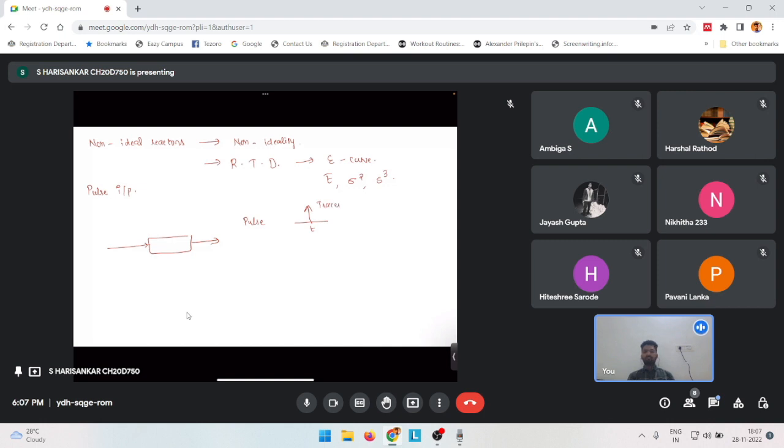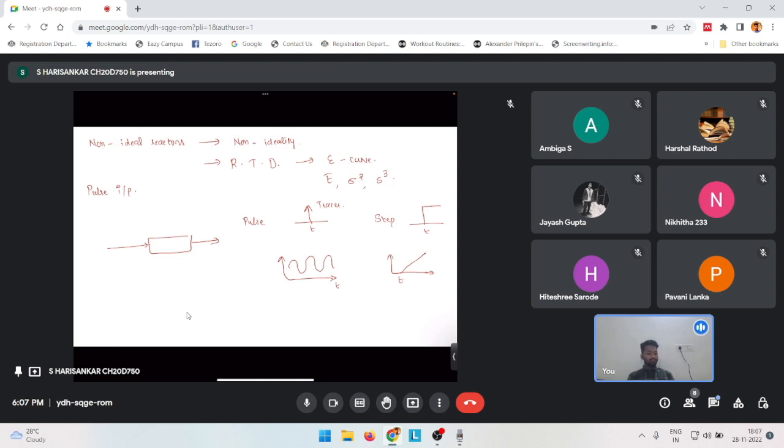Or it can be a step input, where you inject a unit amount of input at time t, or a waveform, or even a ramp, where from time t you gradually increase the concentration of your tracer. These are the different kinds of inputs that you can give.